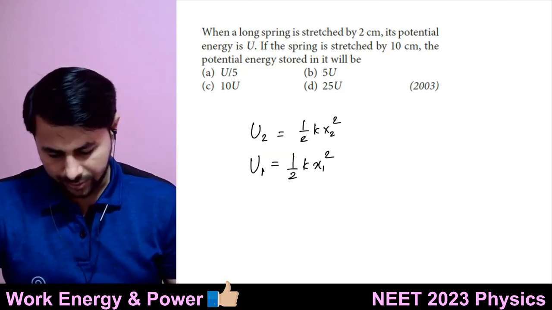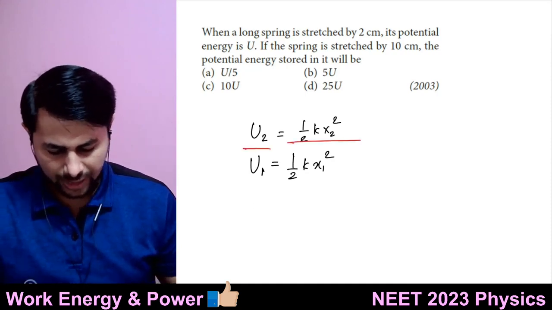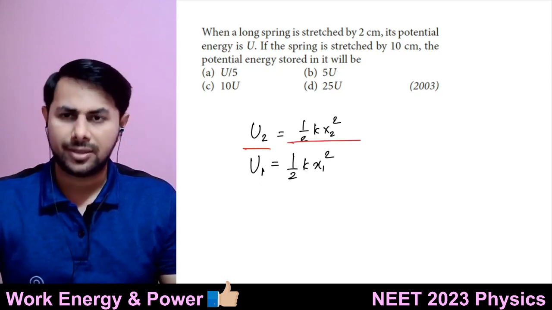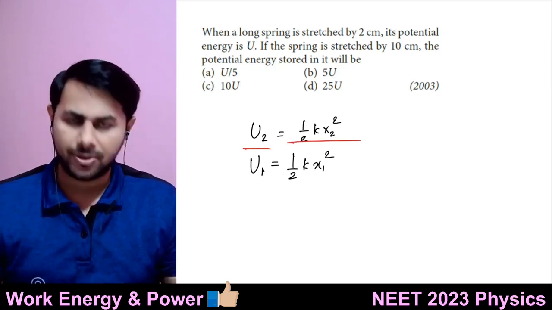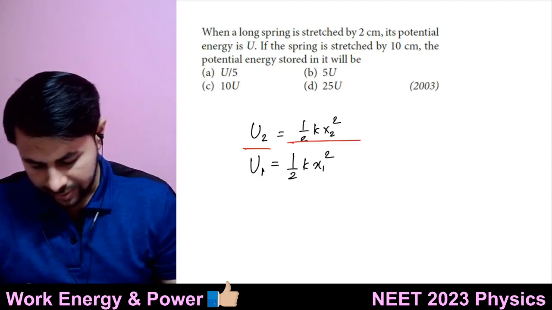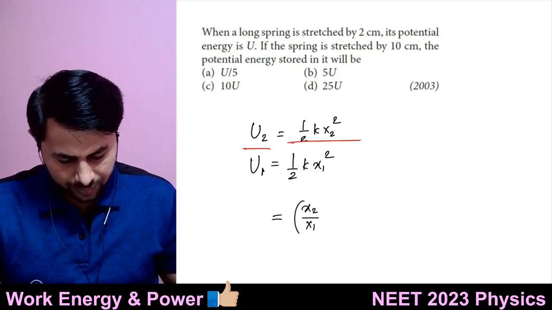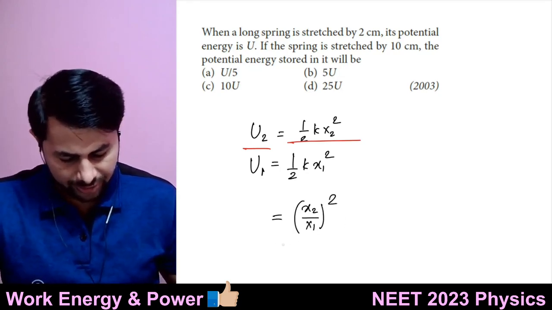Okay, so this half k and half k get cancelled. U2 upon U1 will be x2 upon x1 squared. So how much is x2? It is 10 centimeters. x1 is 2 centimeters.